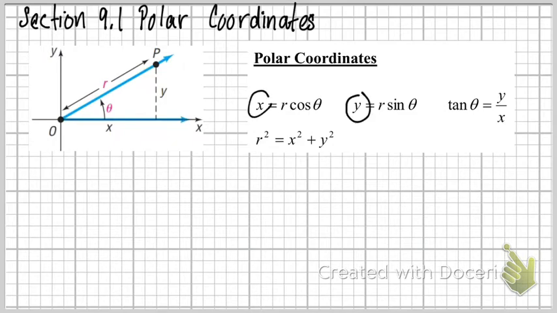We can turn them into r's and thetas here. We're going to use these formulas to go back and forth between polar and rectangular, rectangular meaning the x and y values of my ordered pairs. Or we can talk about those in terms of equations too: equations in terms of r's and thetas, or equations in terms of x's and y's.